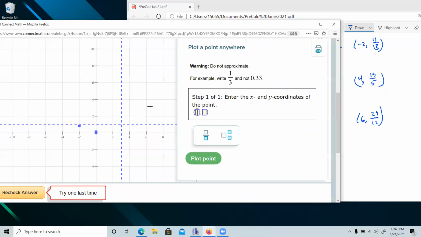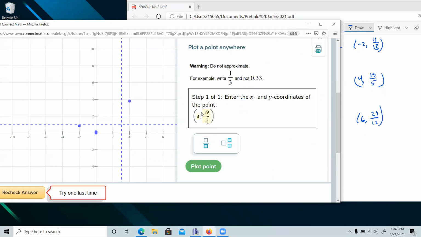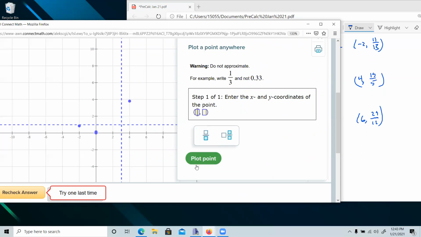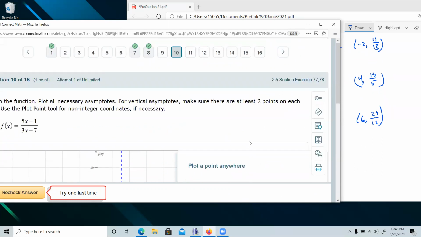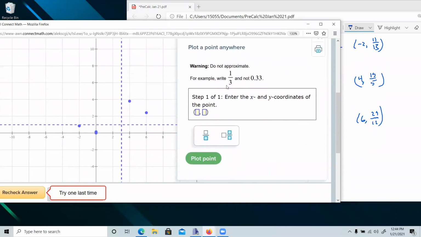All right, so it's going to fail me on this one because I forgot to erase a point, and I can't get back to that tool. So there we go. All right, this is 29/12. Oh, it even covered up the whole little thing that I could use.